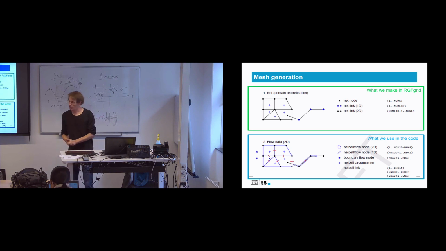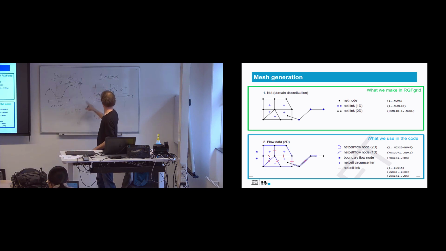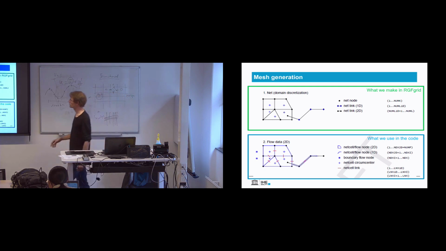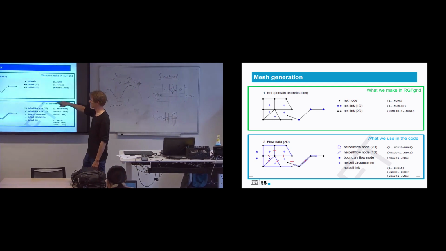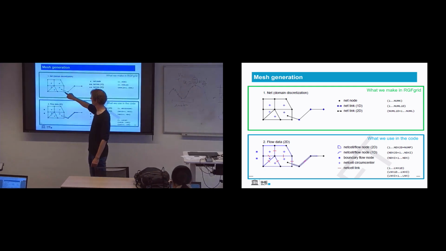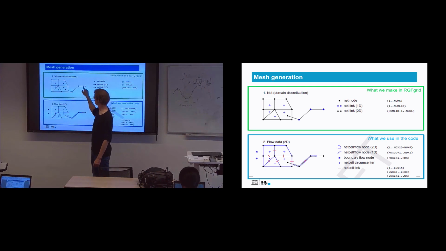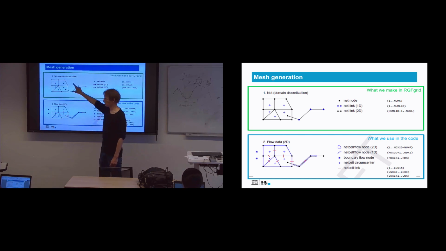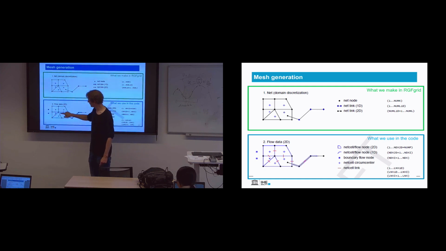All right. In terms of administration, I've talked already a little bit about it here. You have 2 parallel administrations. So what you create in RGF grid, that's this. So you make a domain. So you make these nodes and these links. You click that and you save that, and that's what you make. But internally in the code, this is converted to this. So what you have is you have flow cells, and just like in Delft3D, the whole concept is that you work in a staggered way.